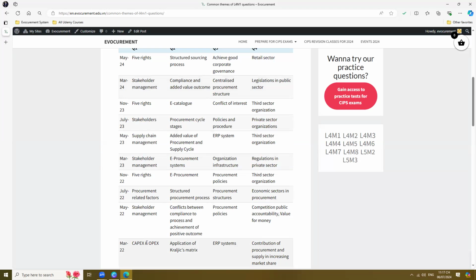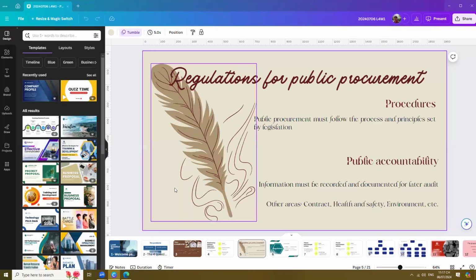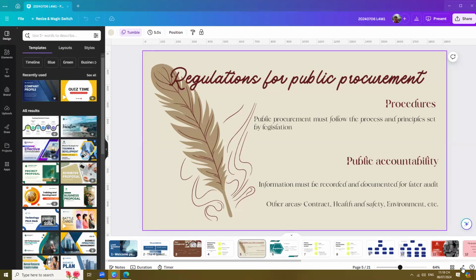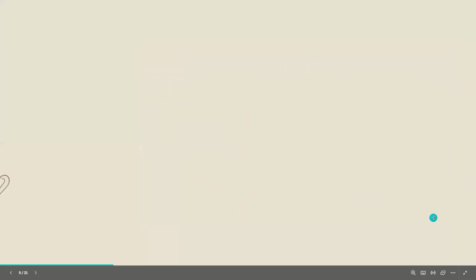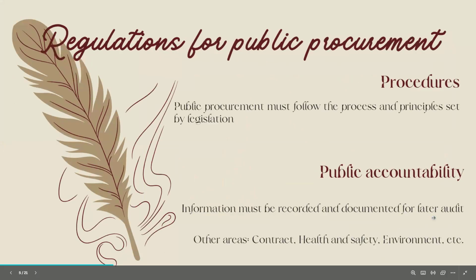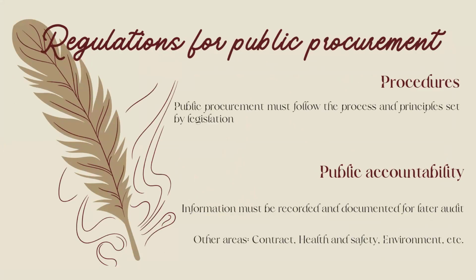All right. So with a question about legislation or regulation, it could be a little bit different for public and private sector, but essentially they share many similar aspects. And for this kind of question, within L4M4 we have a very helpful table in part 3.1.